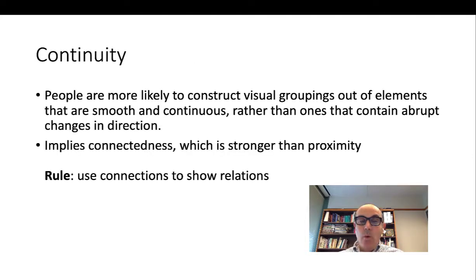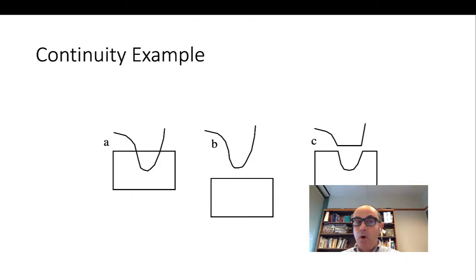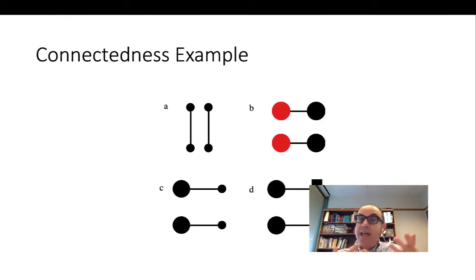Continuity is another way, and the use of connection to show relationship. And this is important. What works best? What will you remember out of A, B, and C, the three images that display? And again, the research says usually C is the best way to capture that, even though they are not matching.